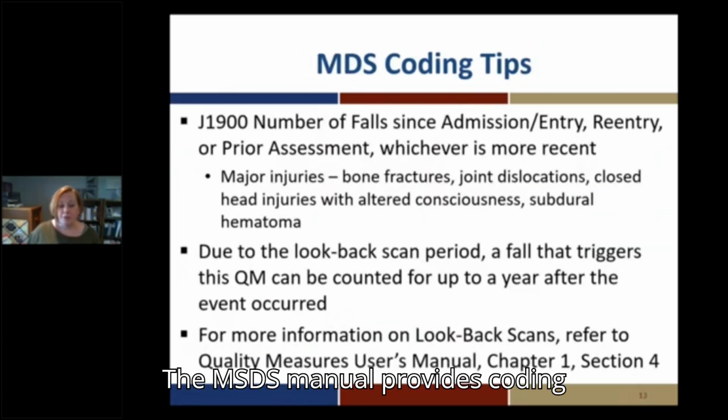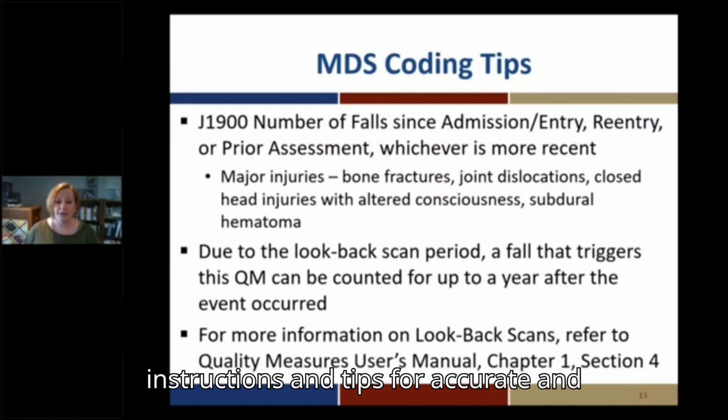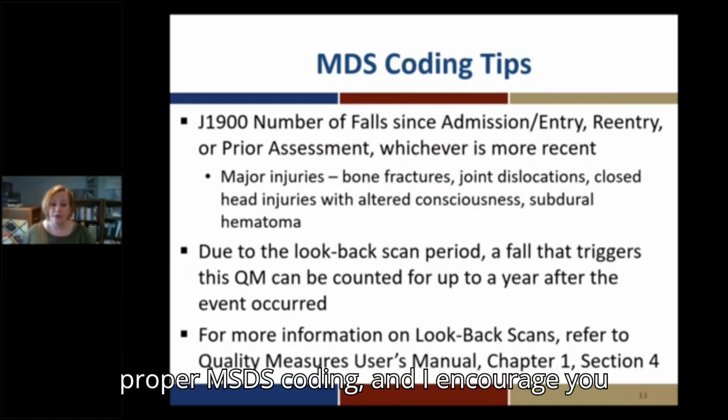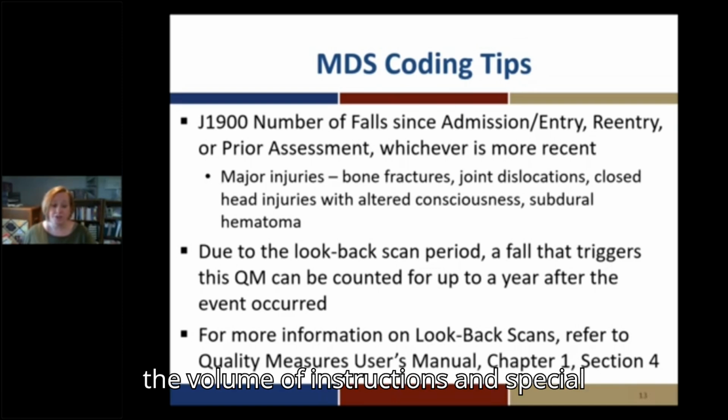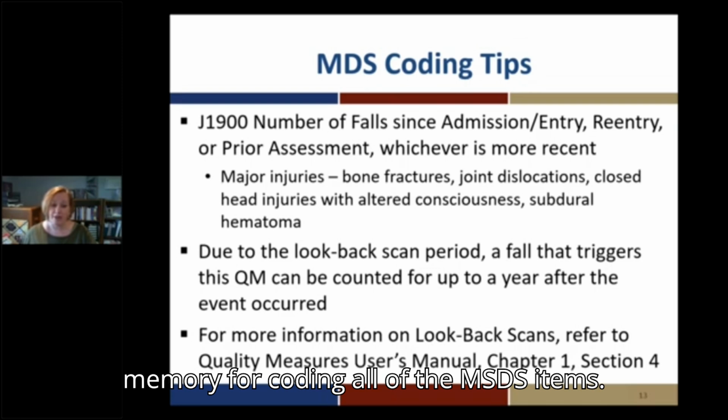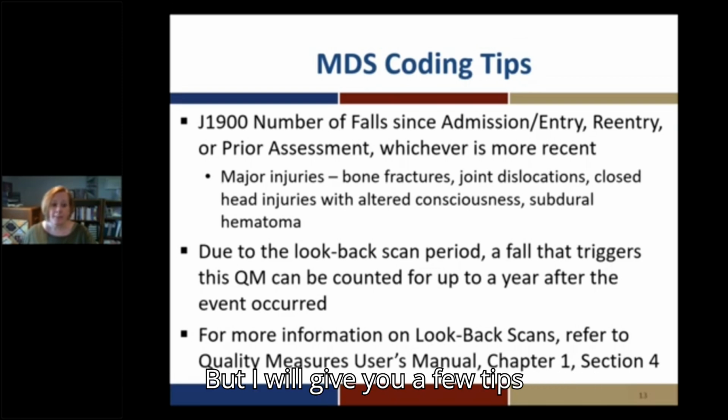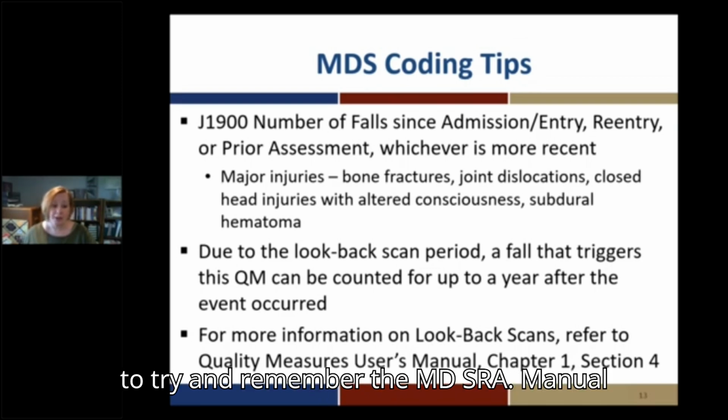The MDS manual provides coding instructions and tips for accurate and proper MDS coding, and I encourage you to review the MDS manual frequently, as the volume of instructions and special circumstances cannot be committed to memory for coding all of the MDS items. But I will give you a few tips to try and remember.